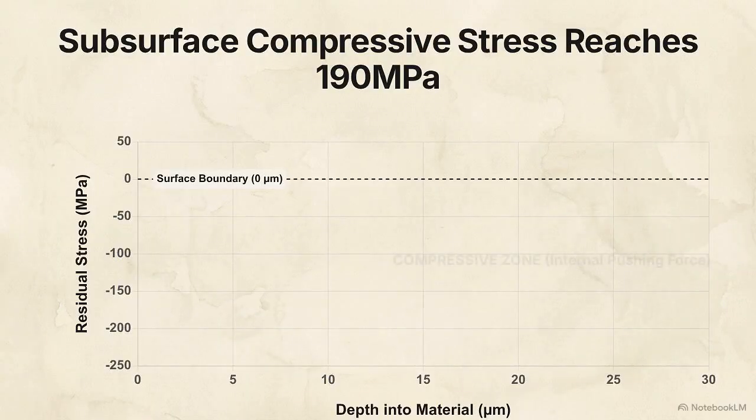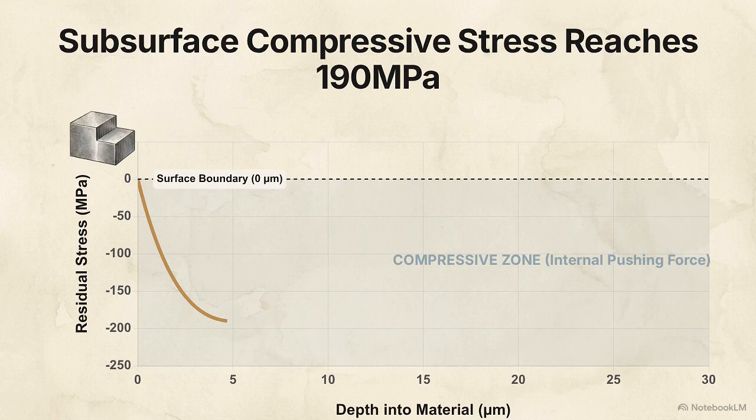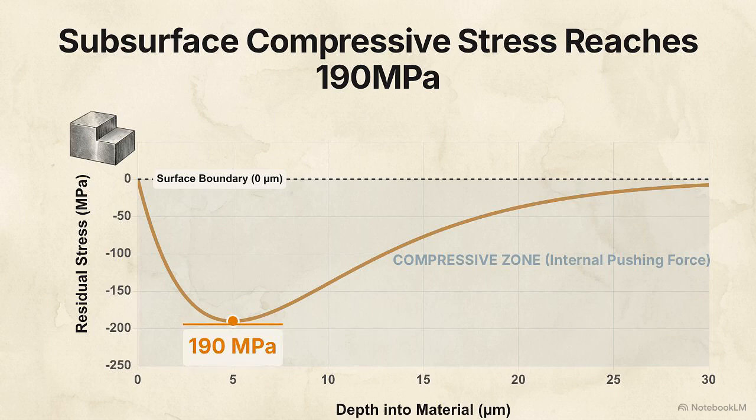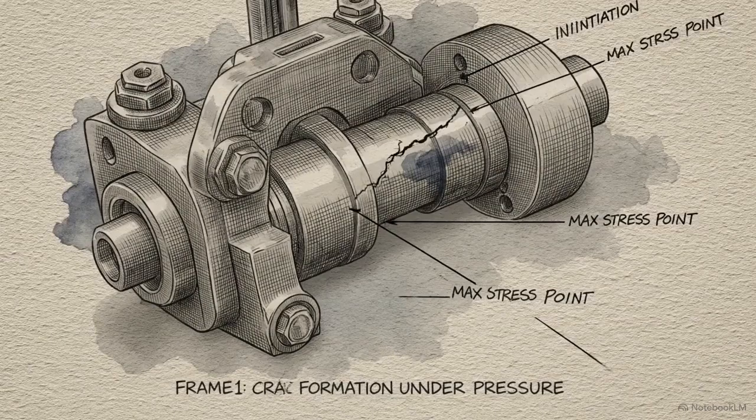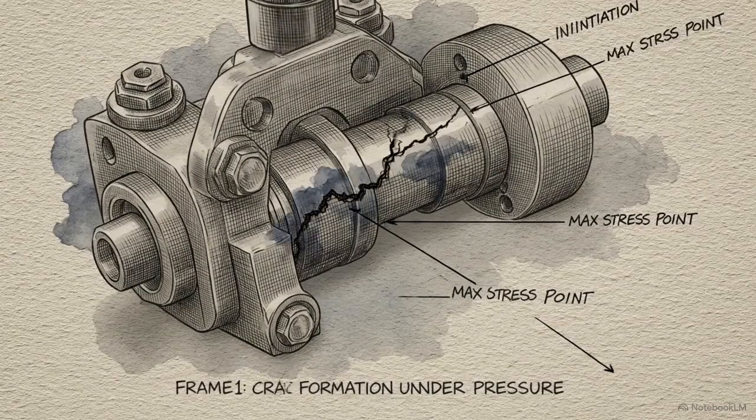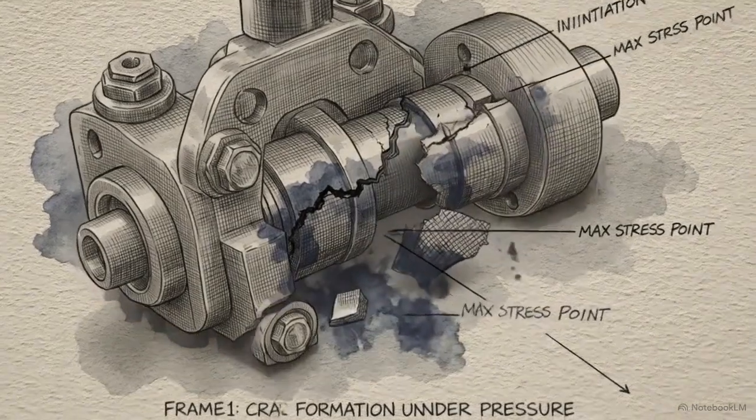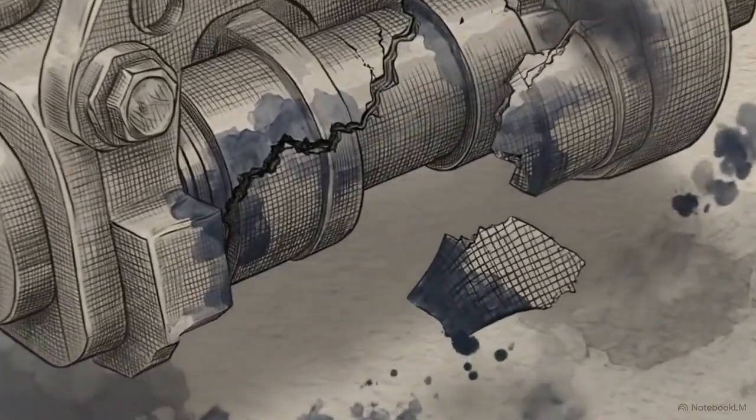Under worn tool conditions, the metal develops extreme compressive residual stress, the internal force pushing a material's atomic structure together that remains long after cutting. In these titanium studies, that stress peaked at exactly 190 megapascals. Tool wear leaves an invisible thermodynamic signature within the part. This degrades fatigue life, massively increasing the risk of catastrophic long-term failure in the field.